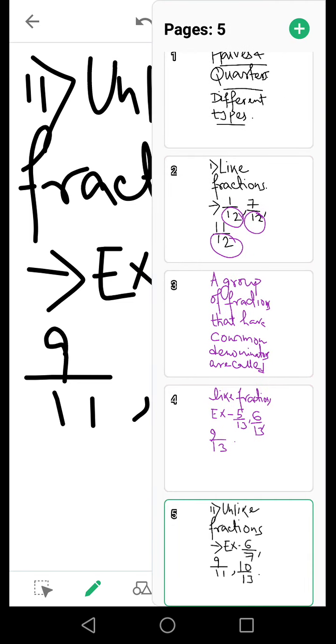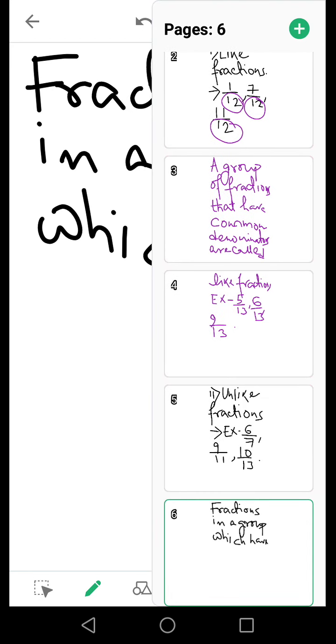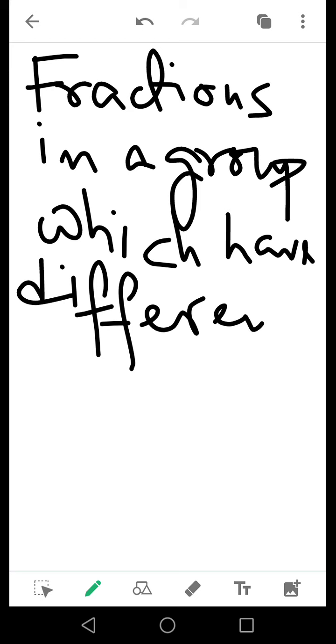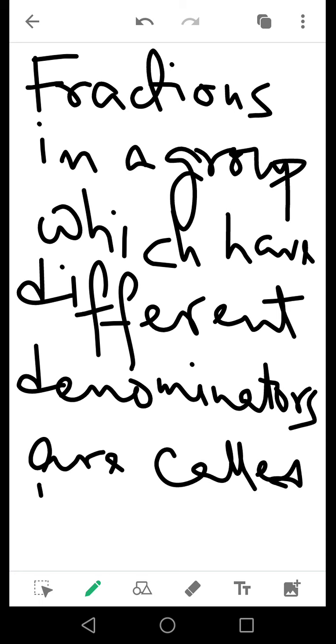Now we come to the next board. Here we can write the formal definition as fractions in a group which have different denominators are called unlike fractions.